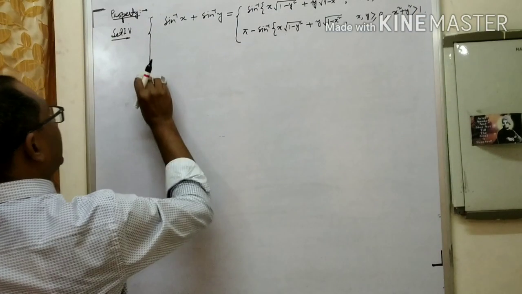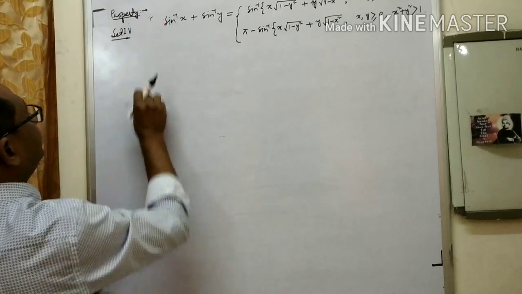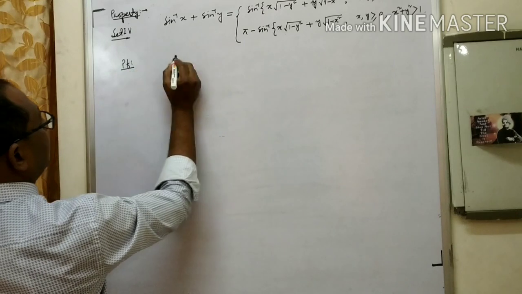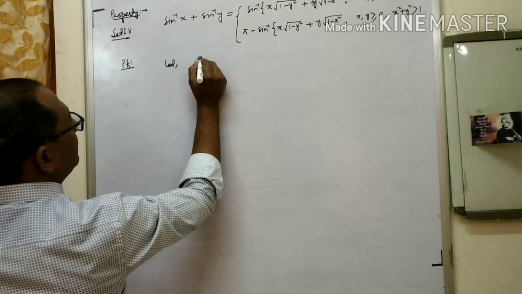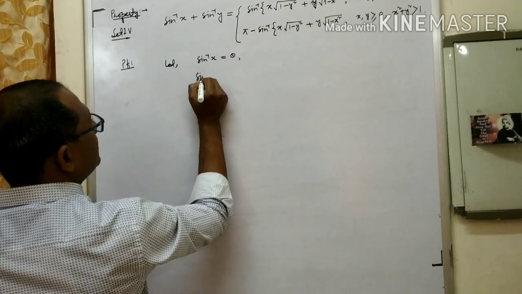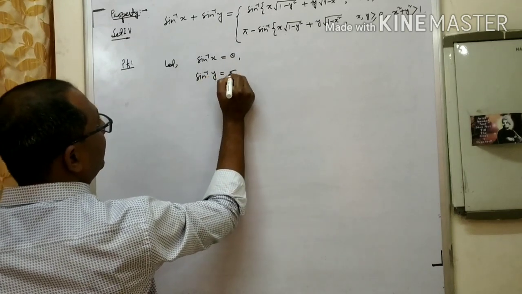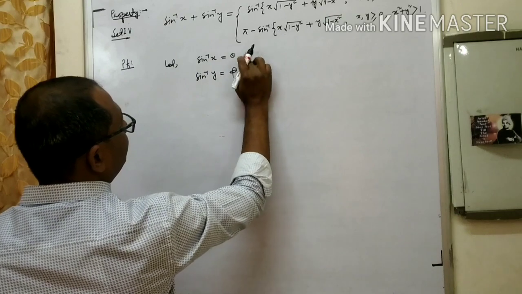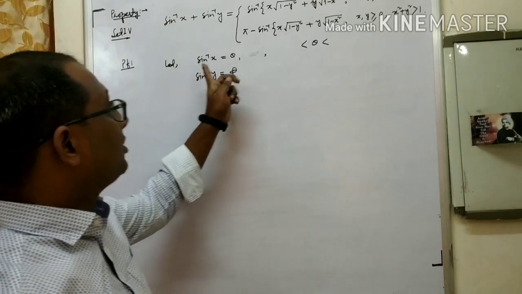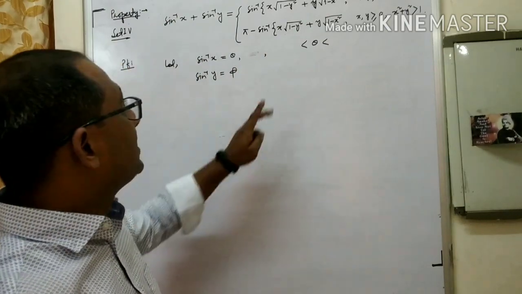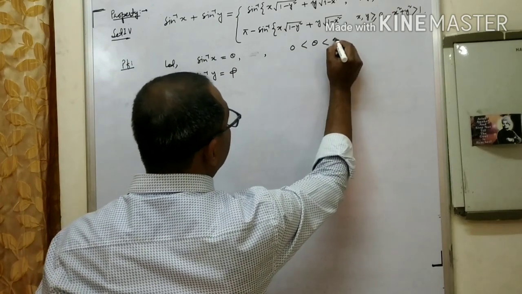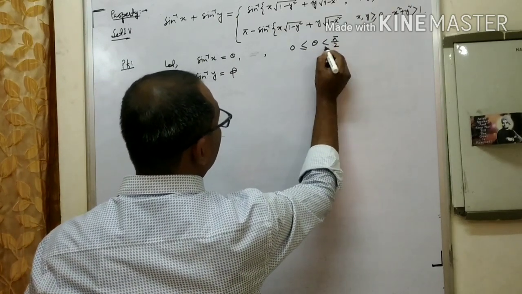Okay, so we'll try to prove this. Proof. Let sin inverse of x equal to theta and sin inverse of y equal to phi. Generally theta lies between minus pi by 2 to pi by 2, but since we have taken x and y positive, it will lie between 0 to pi by 2, both included.